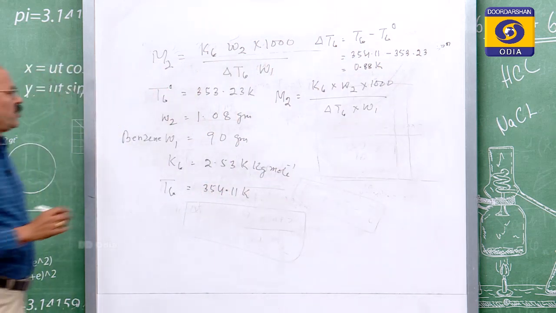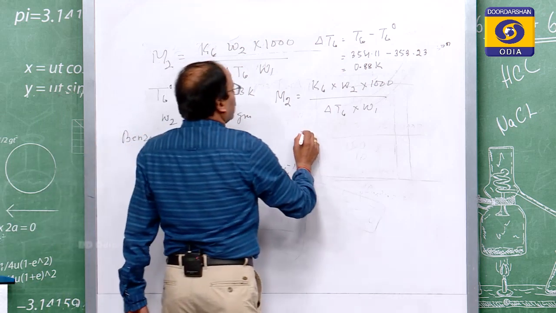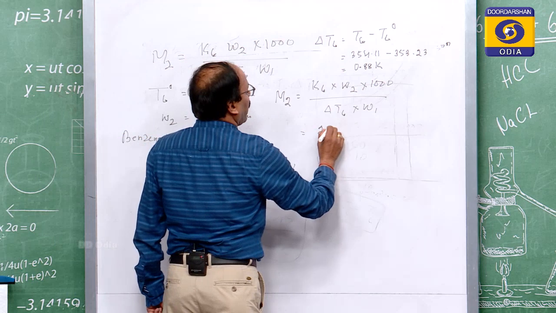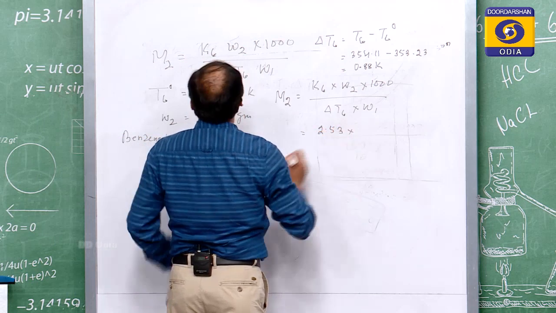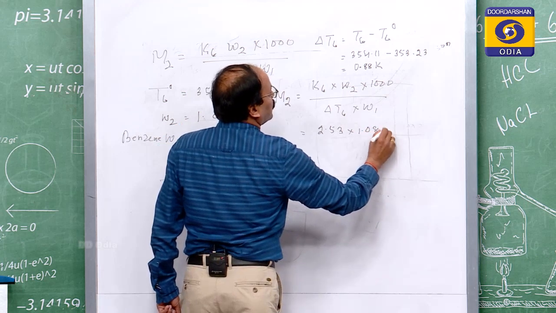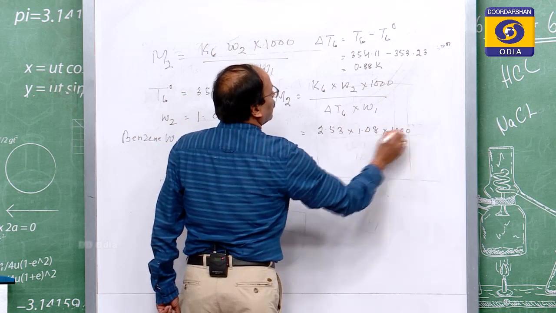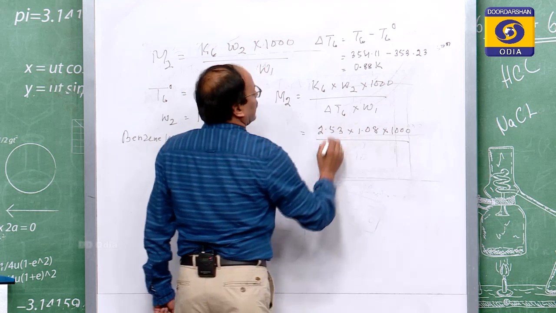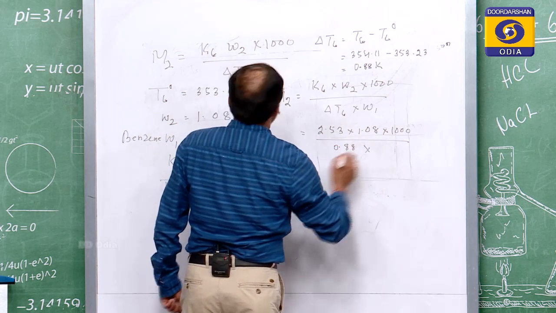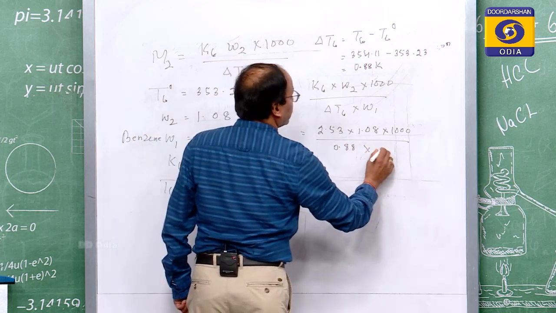Then Kb is 2.53 into W2, which is 1.08, into 1000 divided by delta Tb, which is 0.88, into W1, which is 90.